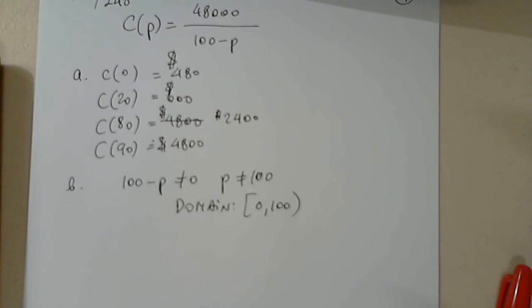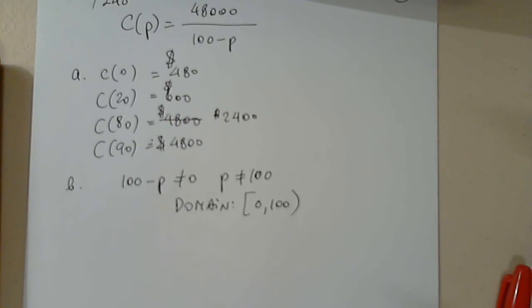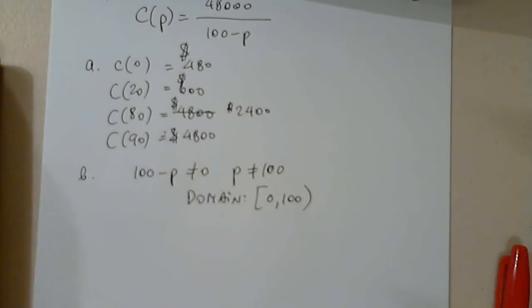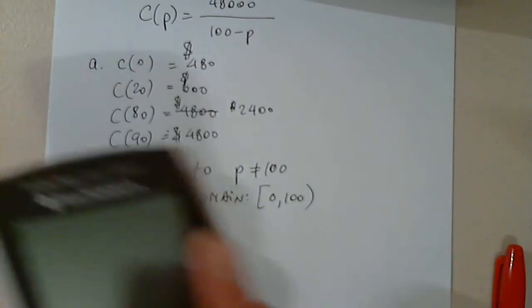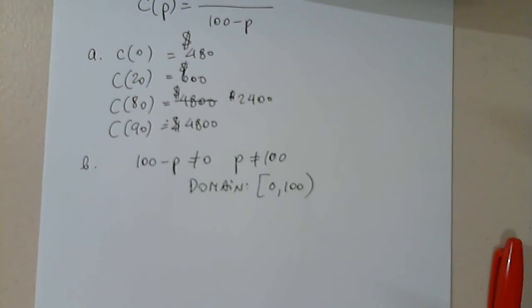Sketch a graph of C. Can the company, part D, can the company or city afford to remove 100% of the pollutants due to the spill? Explain. Perfect. So now we are trying to graph this function.